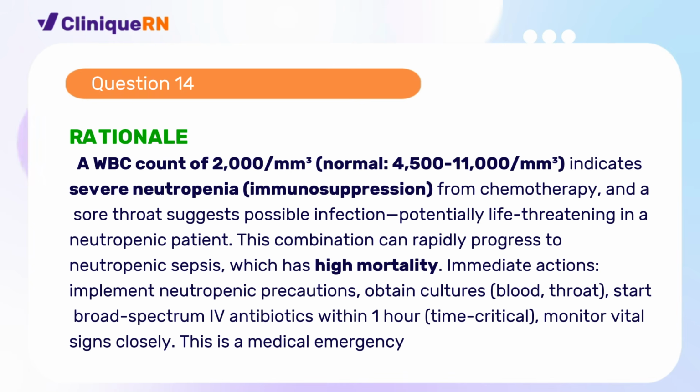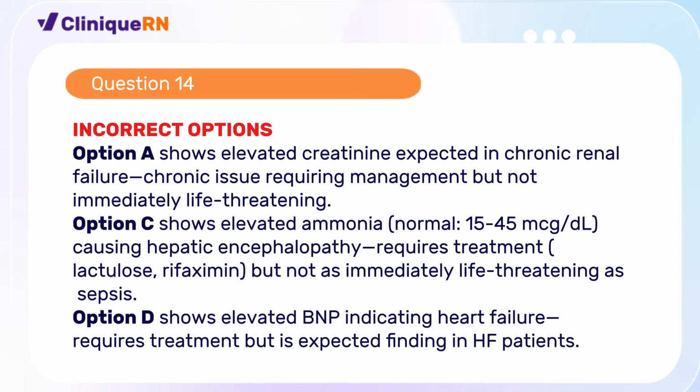This combination can rapidly progress to neutropenic sepsis, which has high mortality. Immediate actions: implement neutropenic precautions, obtain cultures (blood, throat), start broad-spectrum IV antibiotics within 1 hour, time critical, and monitor vital signs closely. This is a medical emergency. Option A shows elevated creatinine expected in chronic renal failure, a chronic issue requiring management but not immediately life-threatening.